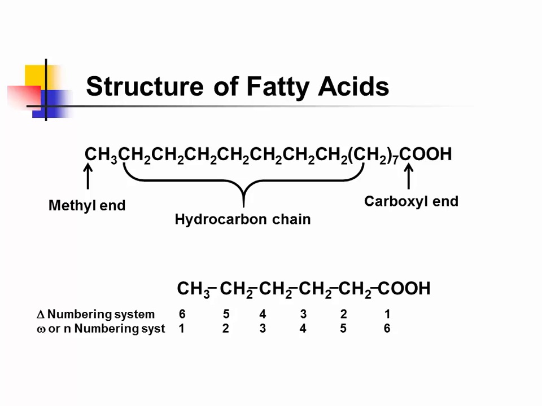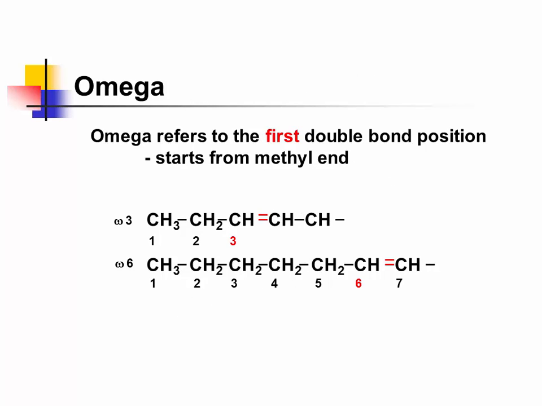As for the structure of fatty acids, I just wanted to remind you of the omega numbering system. The first carbon from the methyl end is considered omega 1. Remember this numbering system. So how do we name omega-3 or omega-6 fatty acids?